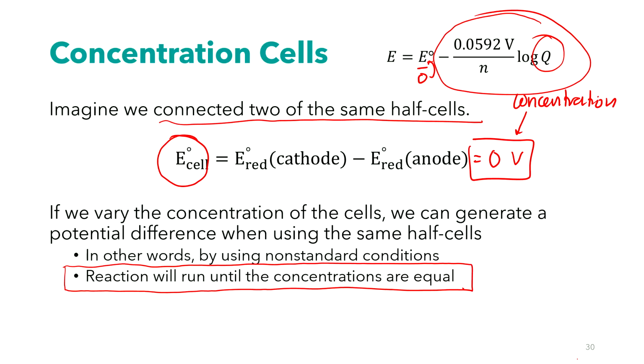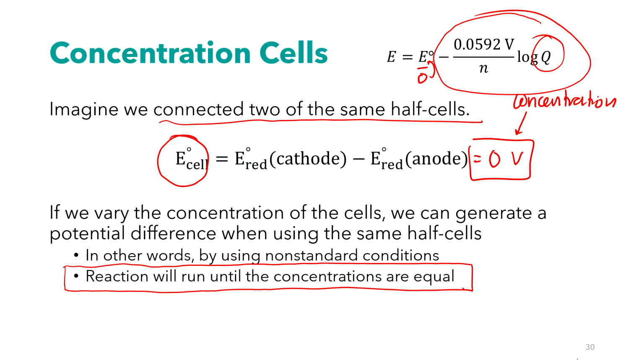This is like the reigning principle. The reaction will run until the concentrations are equal. That should make some intuitive sense, right? If I have a high concentration over here and a low one here, they don't run so that they're different. They run so that they meet in the middle. And that is how I want you to set up every concentration cell question. What needs to happen so that they are equal at the end of the day?